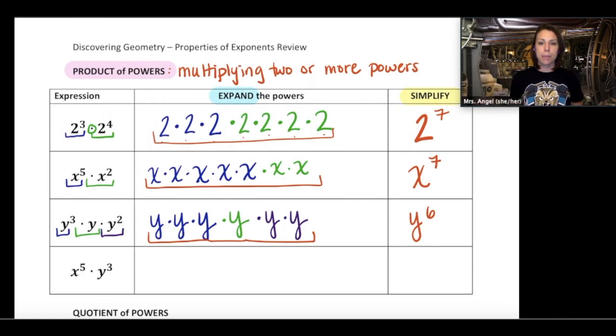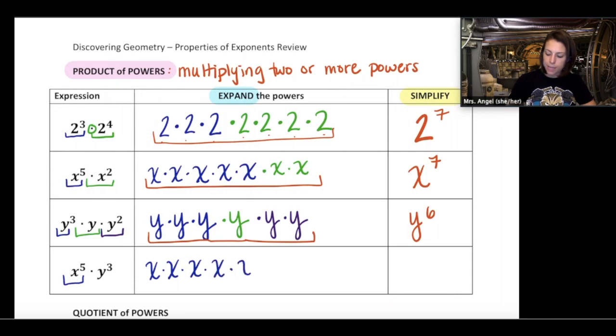In our final example, in our product of powers, we have x to the power of 5. So we're going to write that out. That's x multiplied by itself 5 times. X times x times x times x times x. Now we're continuing on that multiplication, but this time we're doing it with y. So times y times y times y. But we're multiplying two different numbers.